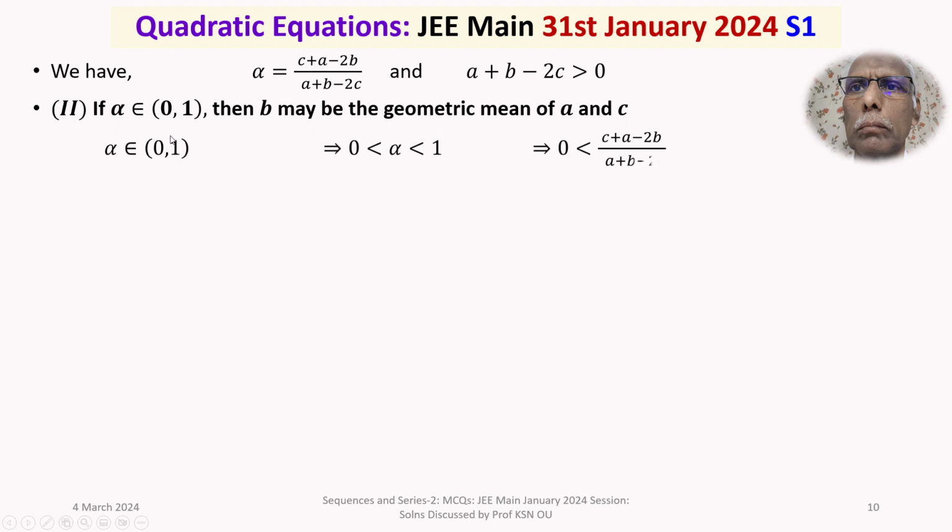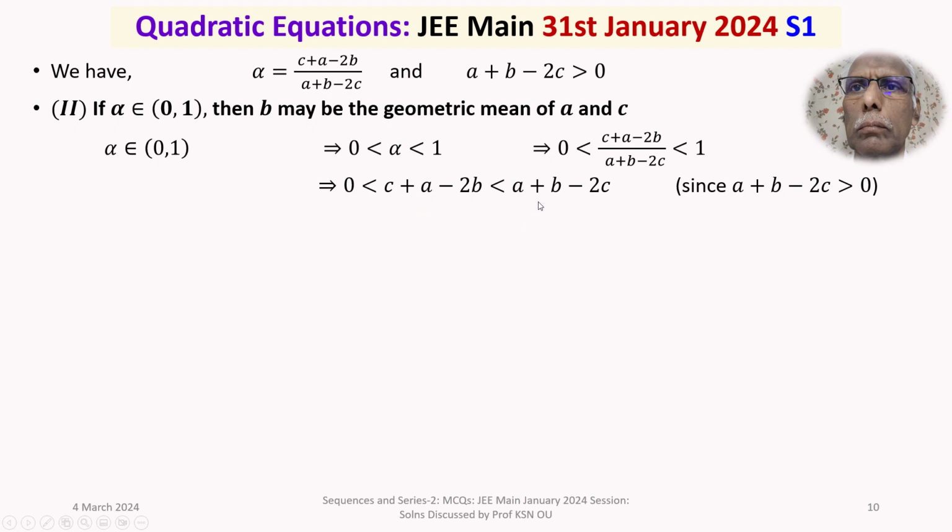So alpha belongs to open interval 0 to 1 means 0 less than alpha less than 1. That is 0 less than, write down the alpha value, is less than 1. What we see, the denominator is always positive, therefore multiply throughout, then the inequality does not get disturbed and it will be maintained. That will imply 0 less than c plus a minus 2b is less than a plus b minus 2c.